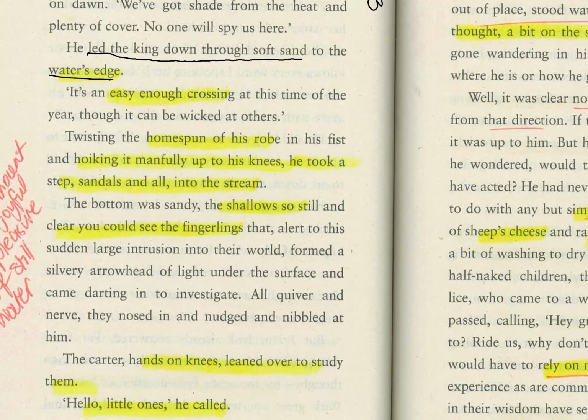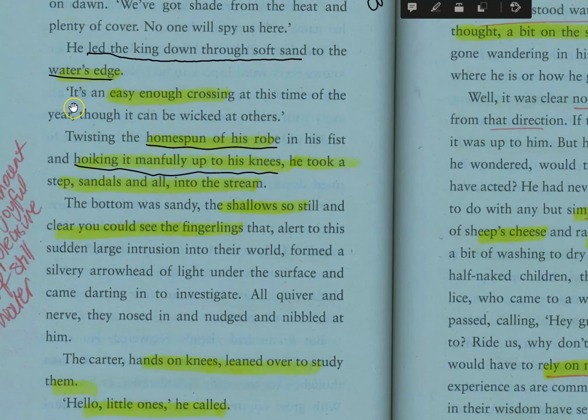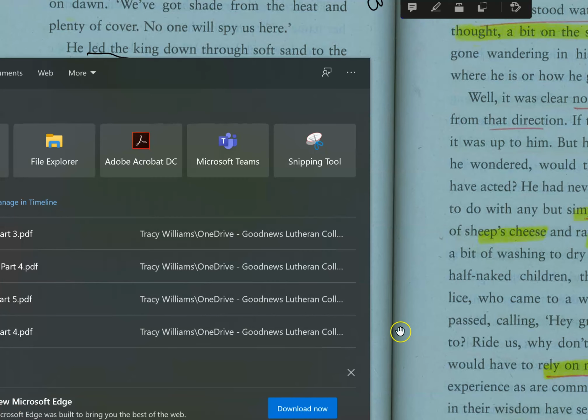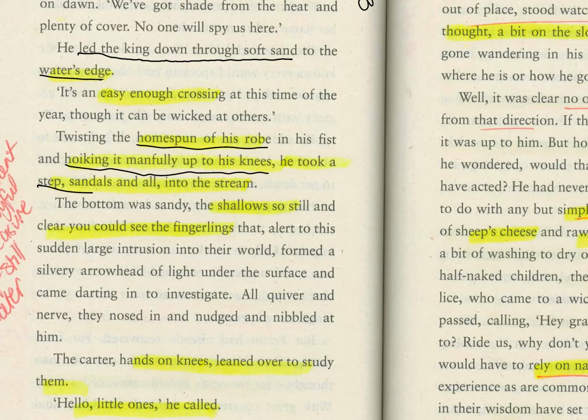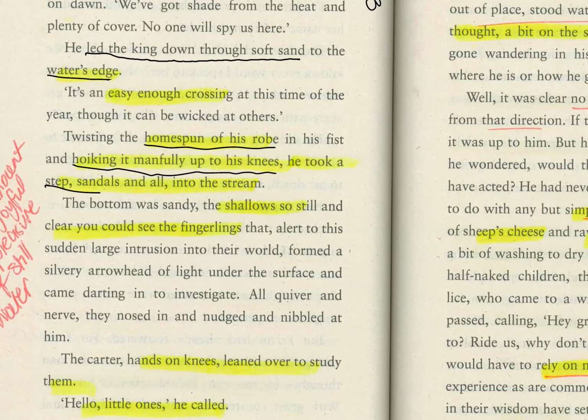And Somax begins by twisting the robe, hoiking it up to his knees, and then in his sandals, he just walks into the stream, and he describes the still water and the fingerlings.